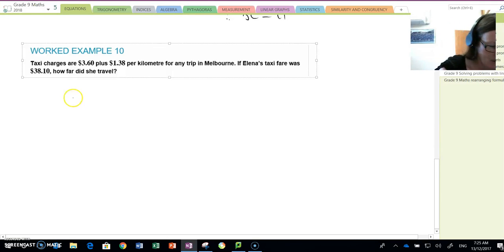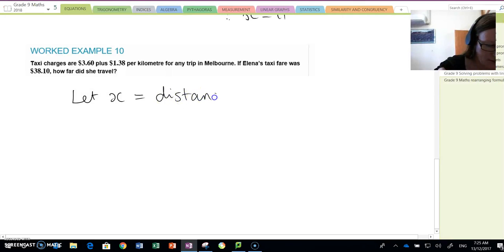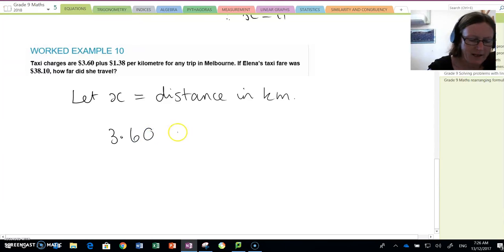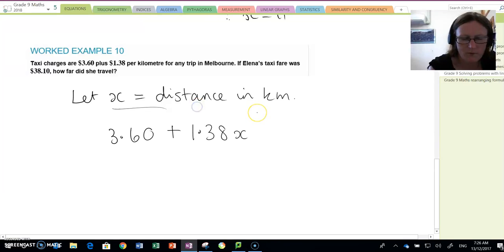So let x be the distance in kilometres. Right, so how do we represent this? It costs $3.60 as soon as we call the taxi, and it costs $1.38 per kilometre. So if we call x the distance in kilometres, we have to times that by $1.38.